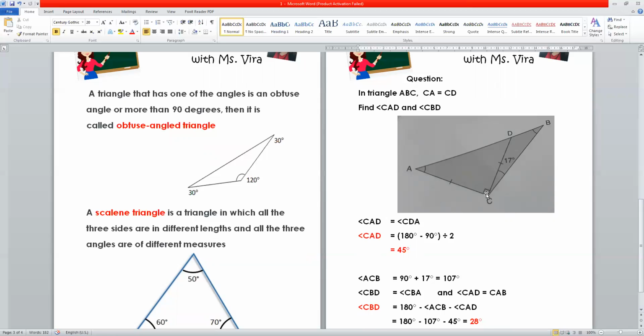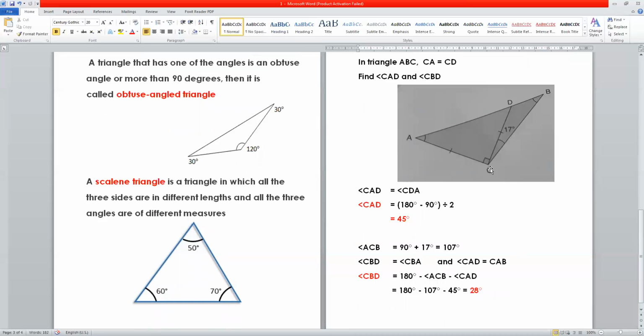Now, if you notice here 90 degrees, angle CAD is 180 degrees, a triangle, minus 90 degrees. It is 90 degrees. And then we divide it by 2 because angle CAD and CDA are equal. And then the answer is 45 degrees.